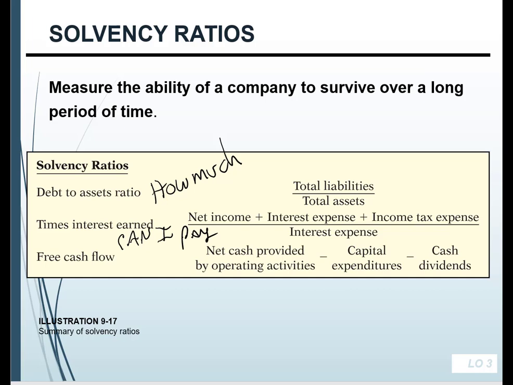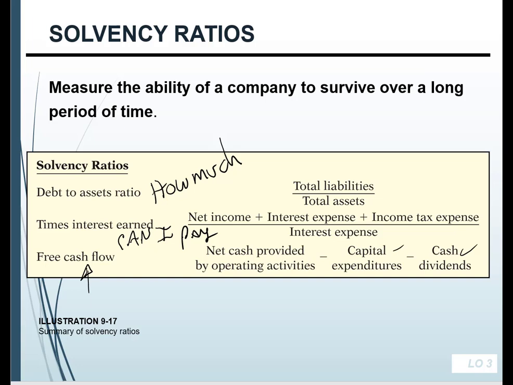Free cash flow tells us how much money is left over after I've paid all of my operating expenses, after I've purchased all the assets that I want to purchase, and after we pay cash dividends, how much money is left over. Now, I will tell you that there are different formulas for free cash flow. So when you read this number, especially if it's on a financial statement or an annual report, you need to know what the formula is to understand the total meaning.